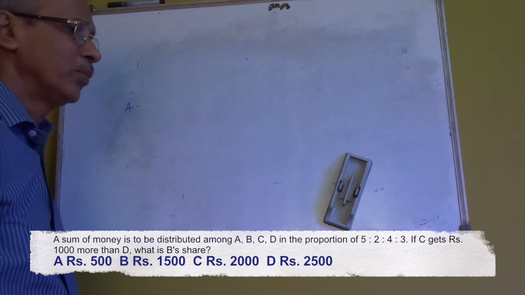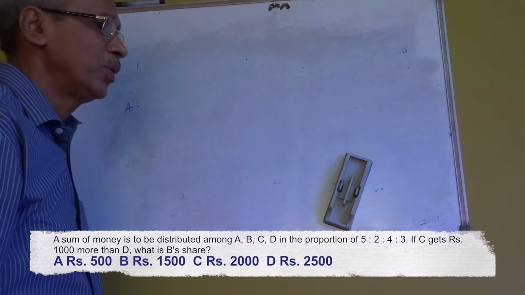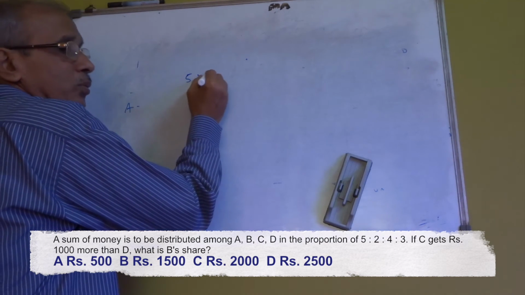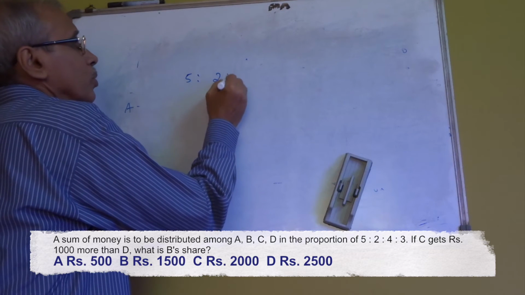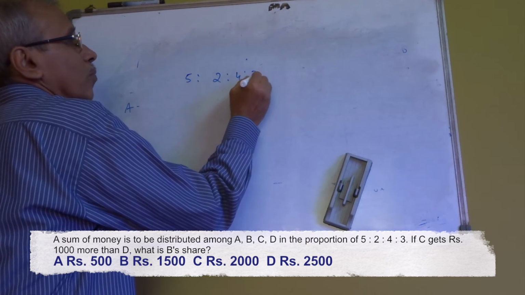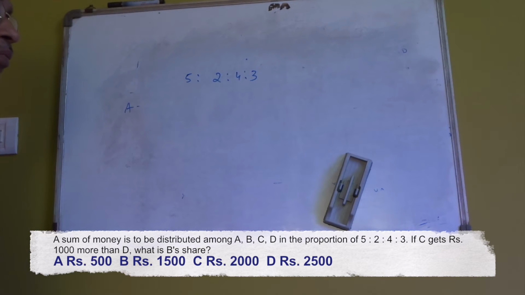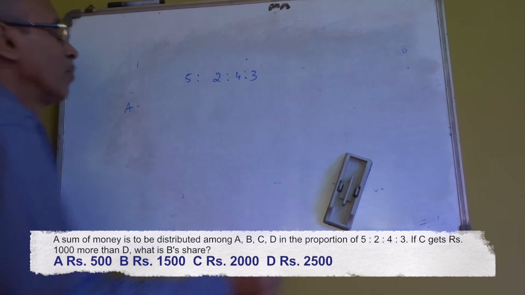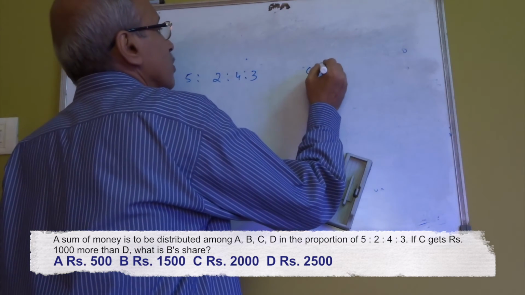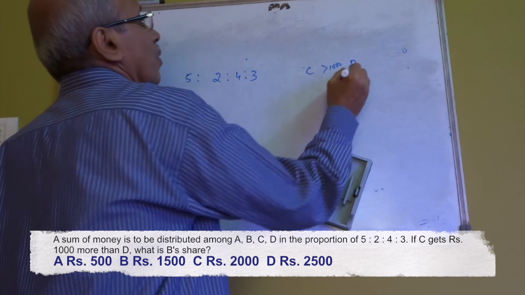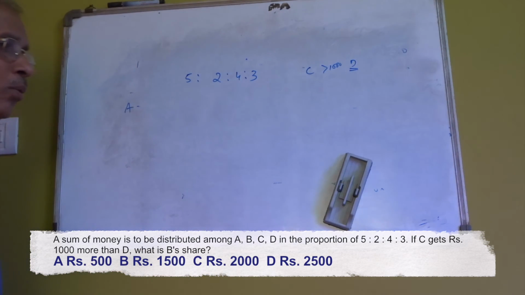One more problem. A sum of money should be distributed amongst A, B, C, D in the ratio 5 is to 2 is to 4 is to 3. If C gets 1000 more than D, what is B's share?